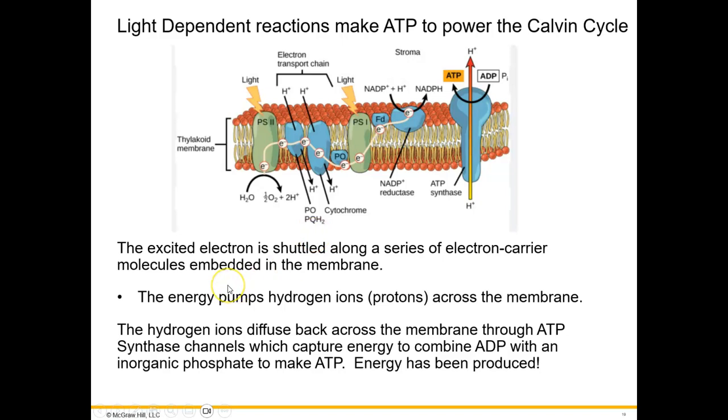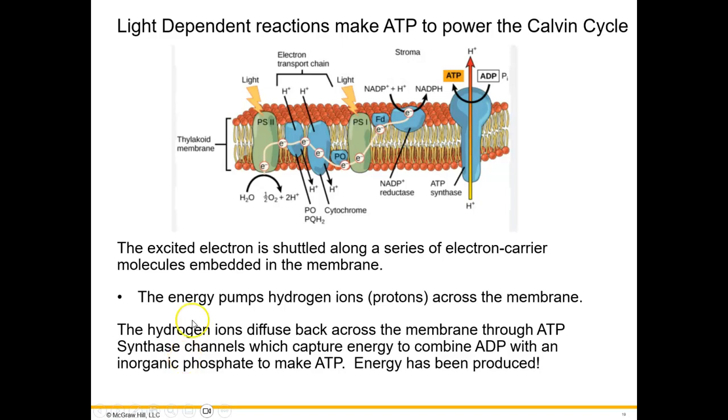So our excited electron is shuttled along, and don't let this change in imagery fool you. This is the same process. So here we're still in the thylakoid membrane. This is still the area where we have photosystems 1 and 2. You can see photosystem 1 and 2. And then our electron transport chains are here.